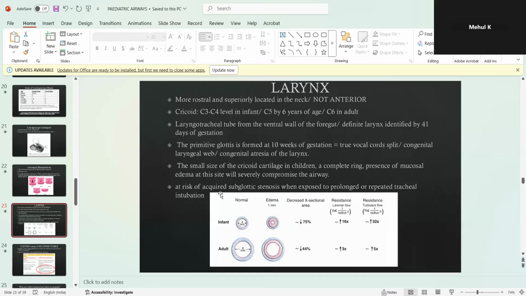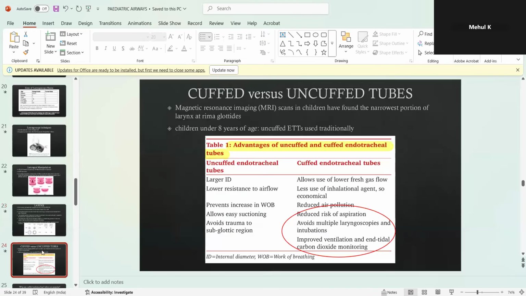Because of the smaller size of the cricoid, they are at risk of acquired subglottic stenosis with prolonged and repeated tracheal intubations. So the fear of subglottic stenosis has historically limited airway managers from using cuffed tubes in pediatric population. But it's not all black and white.